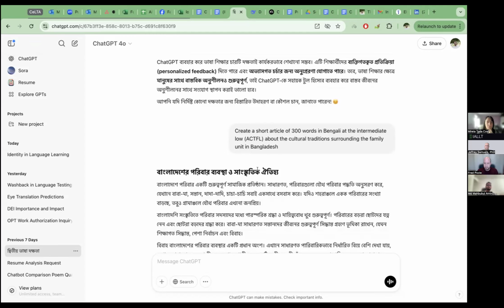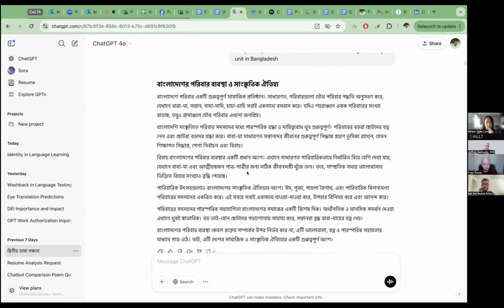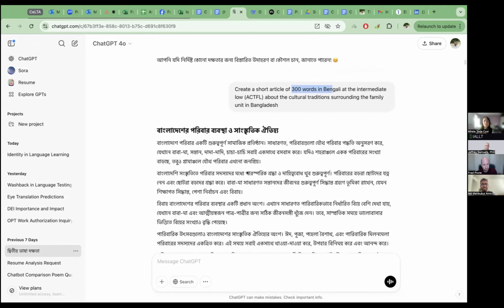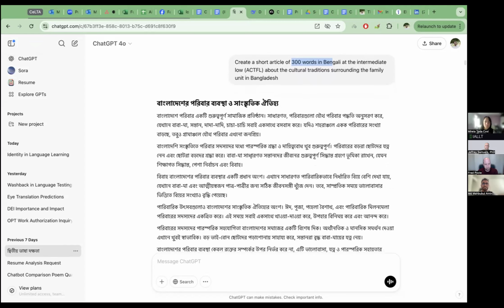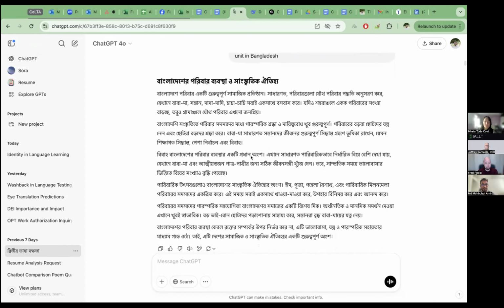And then I asked it in English so that I can show you here: create a 300 word article at the intermediate low level about cultural traditions surrounding the family unit in Bangladesh. It did a pretty good job, and unlike Fred's, it was at the intermediate low level, because it could be very advanced, but it's not that advanced.